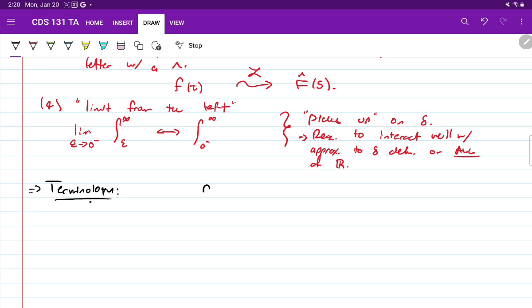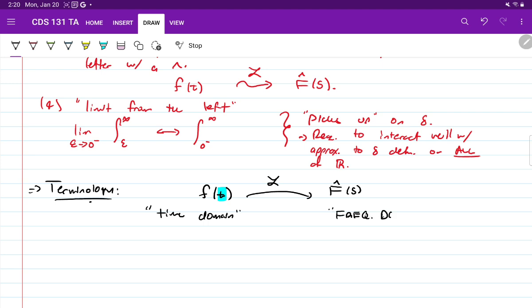Let me introduce a little more terminology. If I have a signal f of t, and I transform it under the Laplace transform to f hat of s, I say that I'm going from the time domain, so called because we have the presence of t, into the frequency domain.